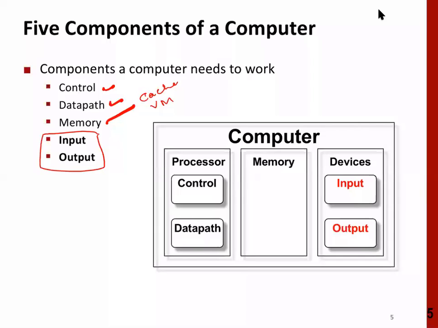Input output may vary from one machine to another. Say for example, your embedded system will have inputs of different kind, and similarly output will be of different kind than what we have in case of a laptop. So input output devices or input output mechanisms may vary. Okay, so we'll look at some of these.